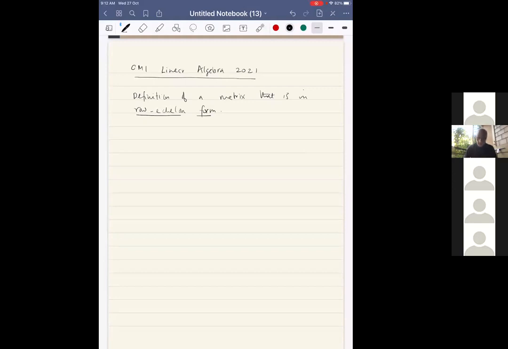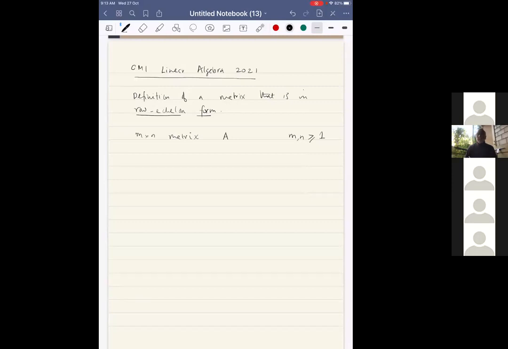Okay, so take an M cross N matrix. So M and N are integers, non-negative, greater than or equal to 1. So each of them must be at least equal to 1. Otherwise, there's nothing to discuss.